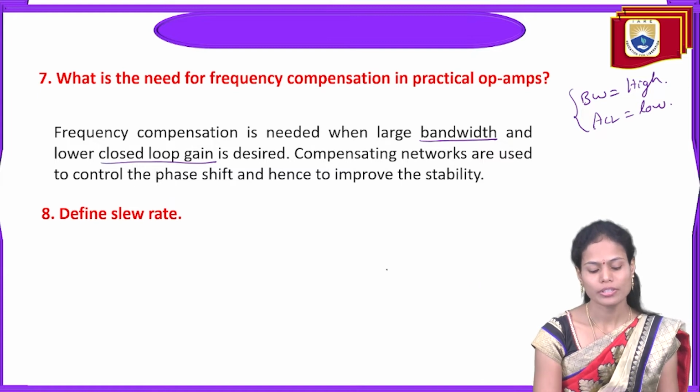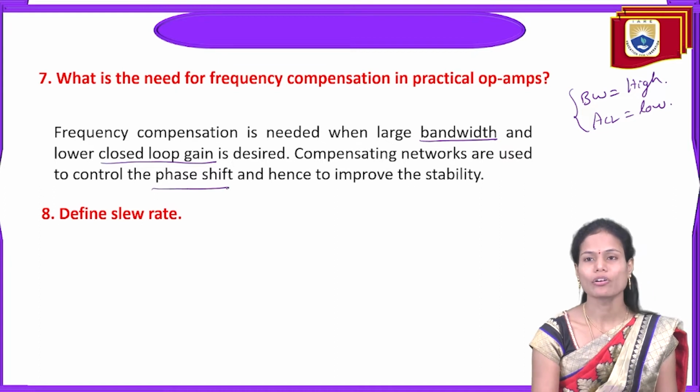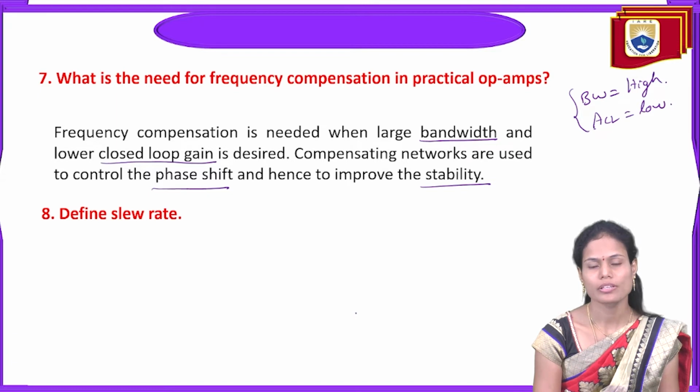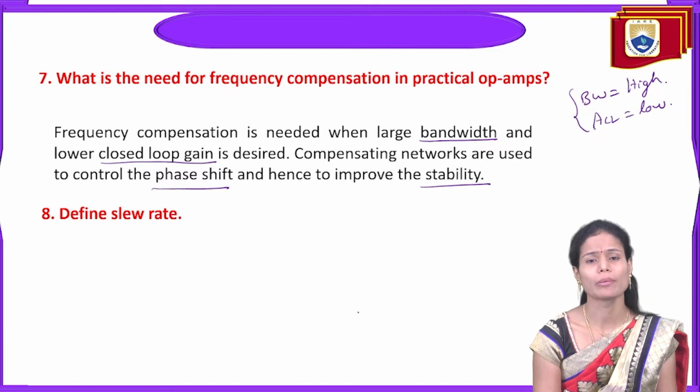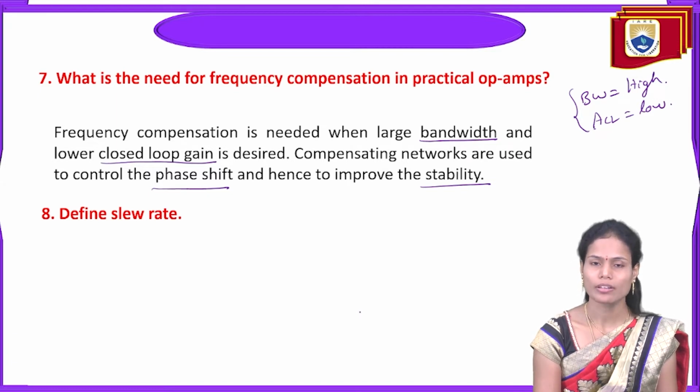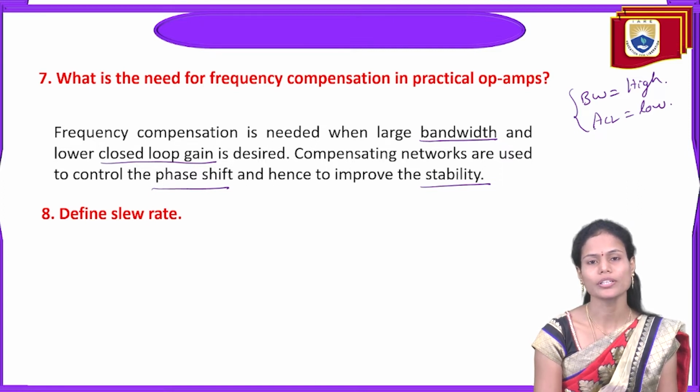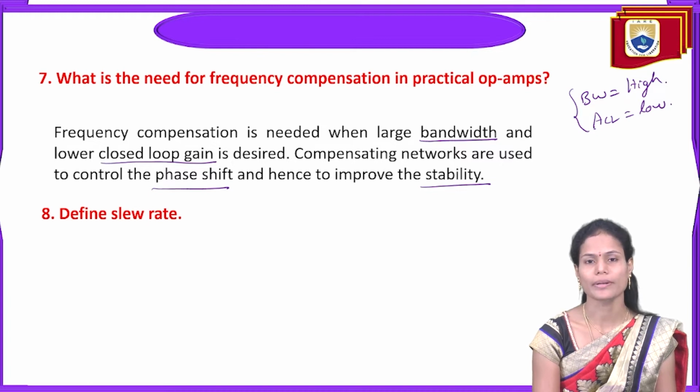These compensating networks are also used to control the phase shift and improve the stability of the system. In most cases, these compensation elements we add across the non-inverting terminal of the operational amplifier. Most often we utilize a resistance, and that compensation resistance R is almost equivalent to the input resistance of the operational amplifier.